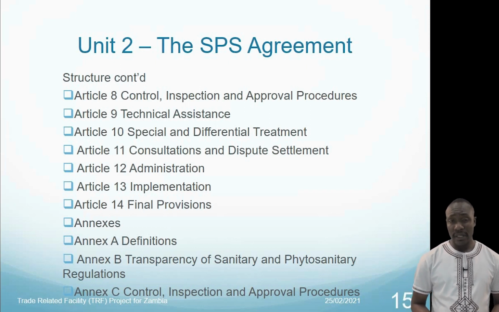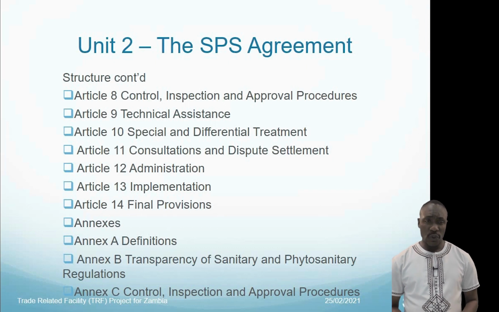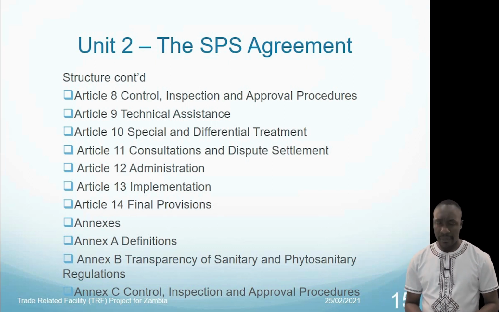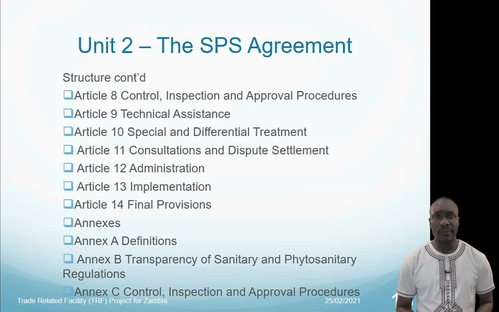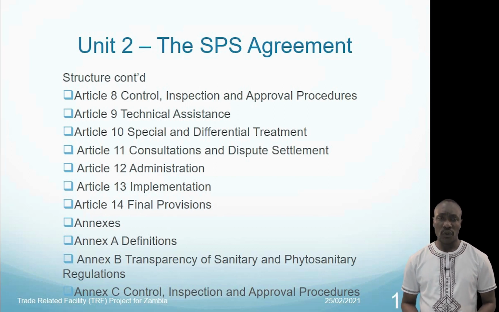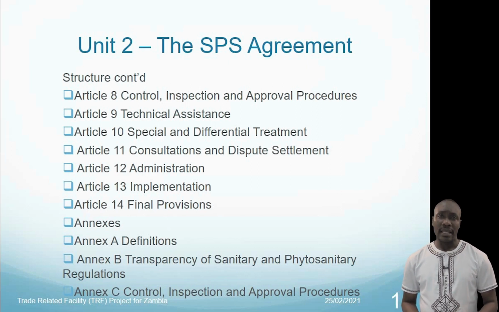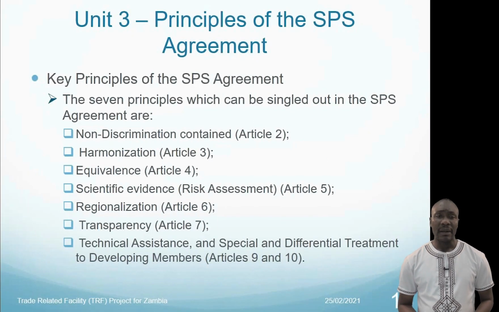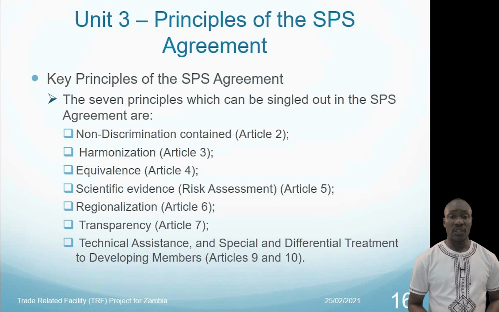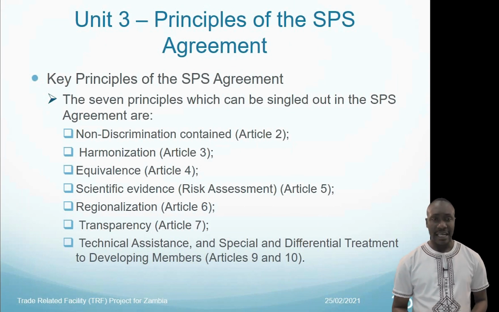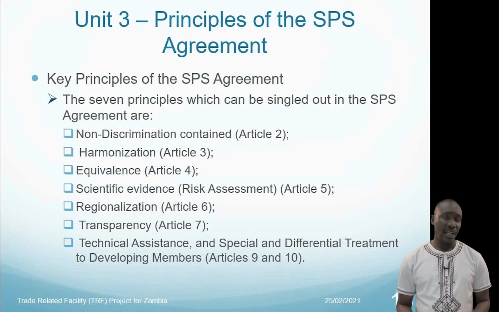We will not dwell so much on each article. For the purpose of this program, we decided to spend a lot more time on harmonization, that is Article 3, and then the scientific evidence or risk assessment, which is your Article 5, and finally Article 7, transparency.